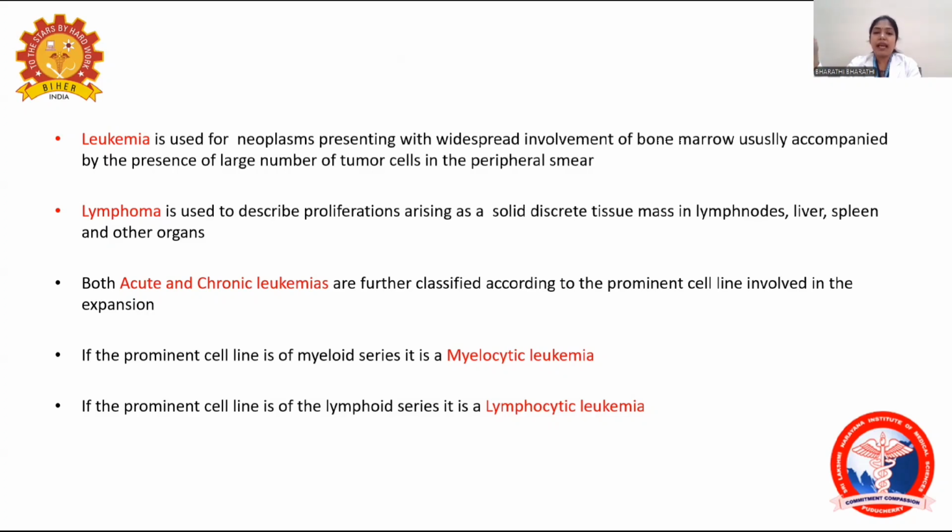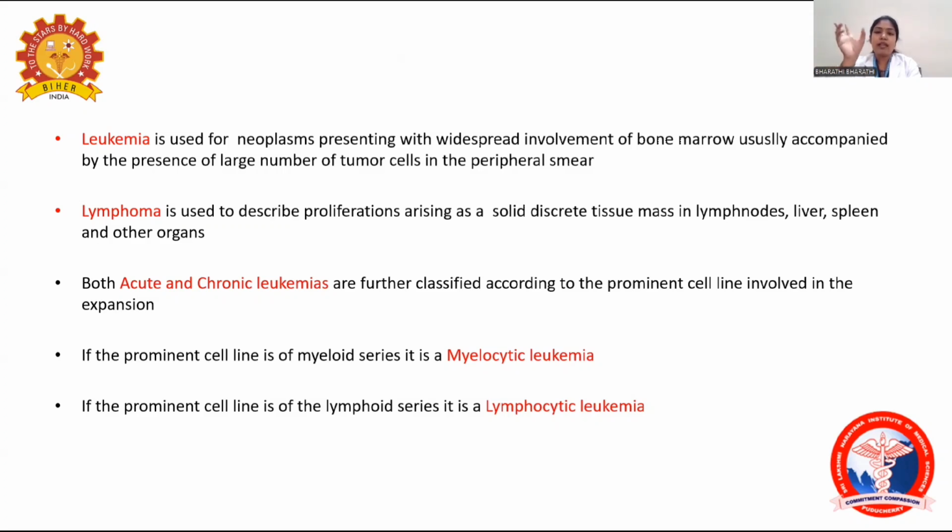If the prominent cell line is of myeloid series, it is called myelocytic leukemia. You can add whether it is acute or chronic. If it is of acute duration, you call it acute myelocytic leukemia. If it is of chronic duration and seen in elderly patients, you can call it chronic myelocytic leukemia. And if the prominent cell line is of the lymphoid series, it is called lymphocytic leukemia.